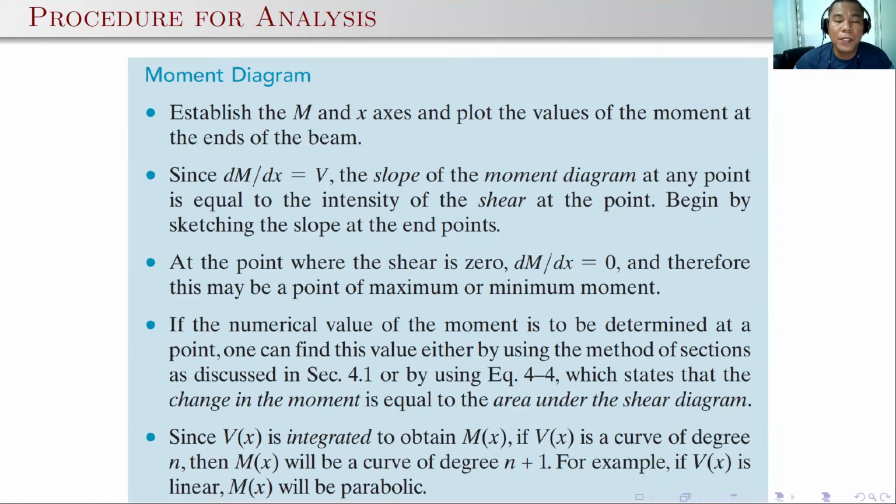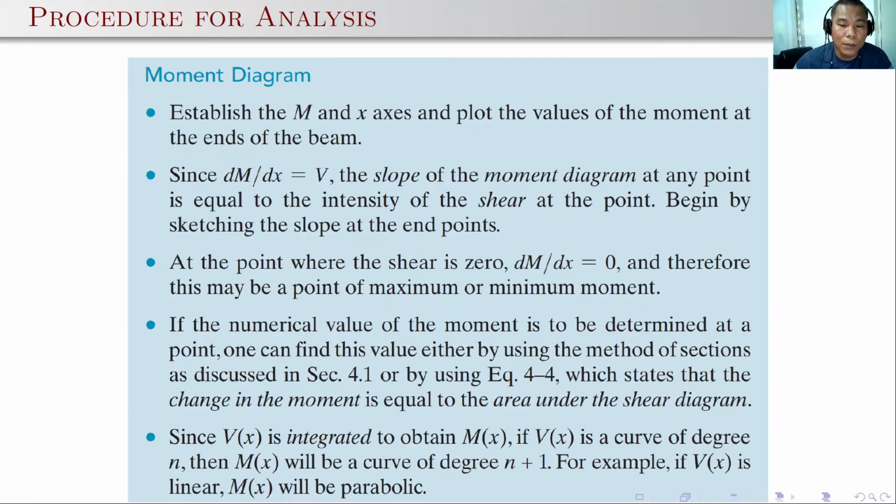At the point where the shear is 0, the change in moment is equal to 0, and therefore this may be a point of maximum or minimum moment. This is very important because in design we need to look for the maximum and minimum moment. So look for the zero shear, and that would be the location of the maximum or minimum moment.